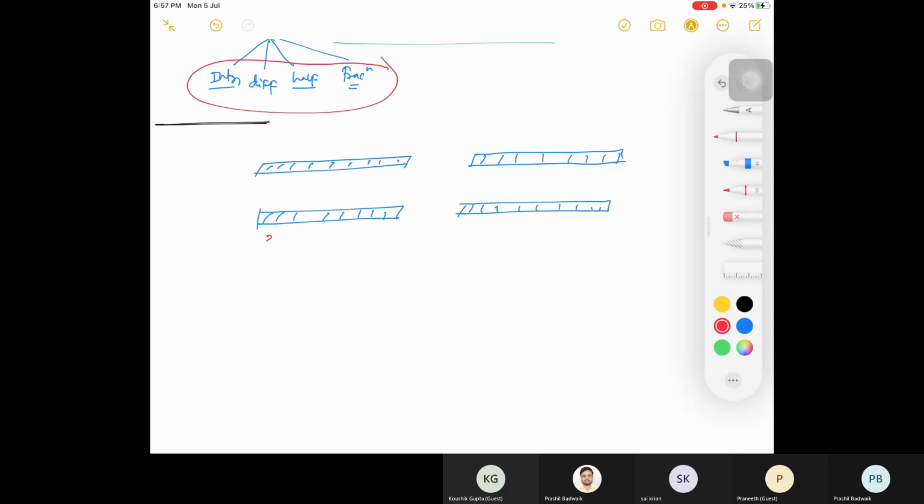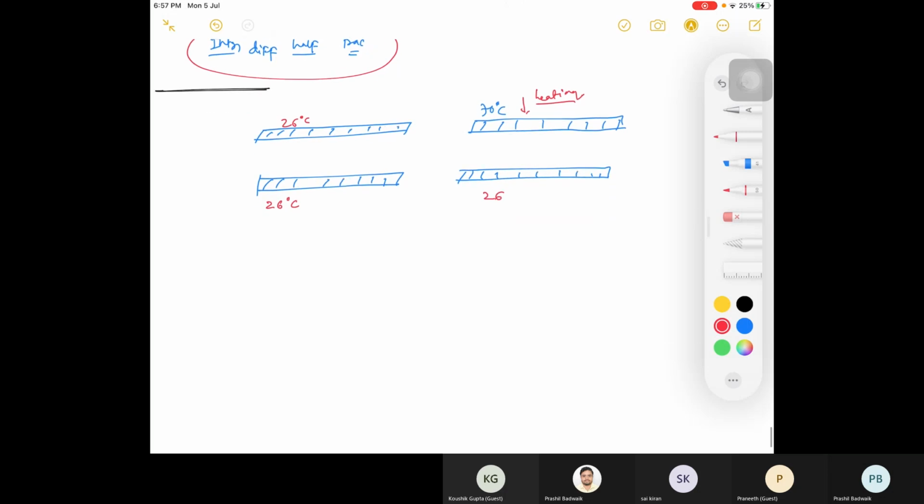Suppose the temperature here is 26 degrees Celsius and in this plate it is 70 degrees Celsius. Initially both temperatures were the same, and suddenly you started heating this plate, and its temperature is 70 degrees Celsius. Let's say here the temperature will be 26, right?